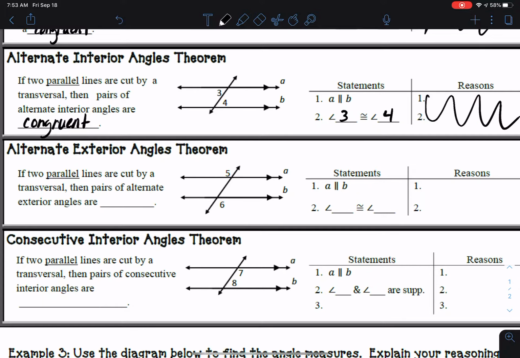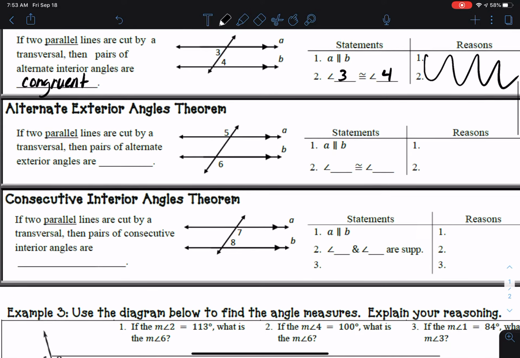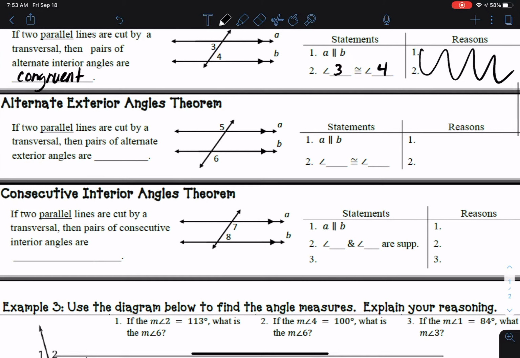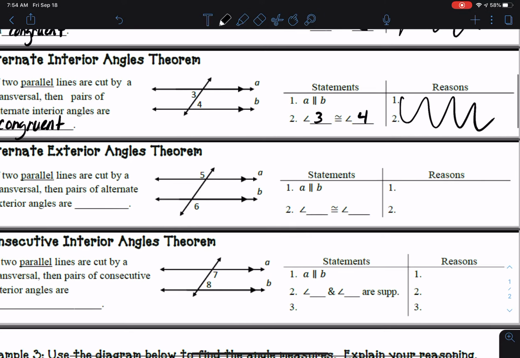Again, I'm not going to worry about the reasons. If you really want to know about the reasons, all you would have to say is reason 1, line A and B are parallel. Reason 2, alternating interior angles are congruent. But there's not enough space to write that.